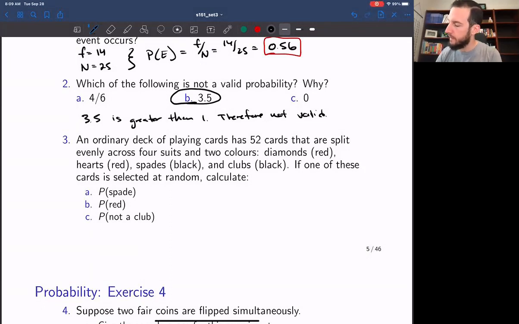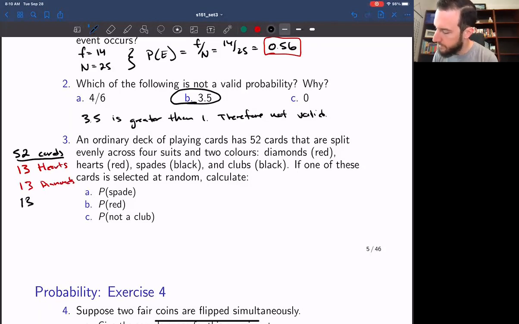Okay, so just in case you aren't as familiar with deck structure, there are 52 total cards. There are 13 hearts, 13 diamonds, 13 spades, and 13 clubs.